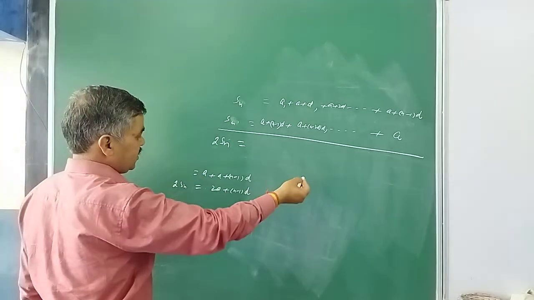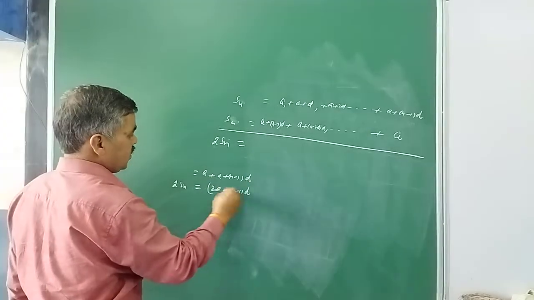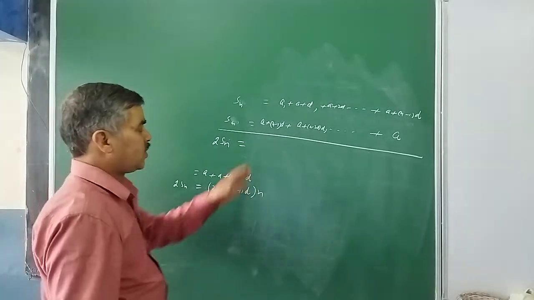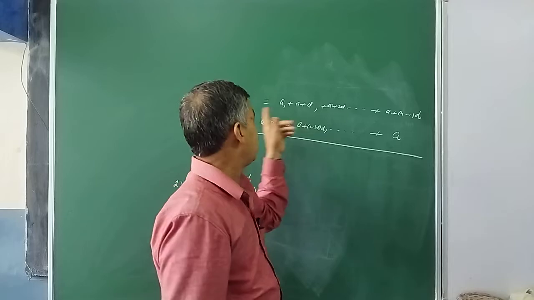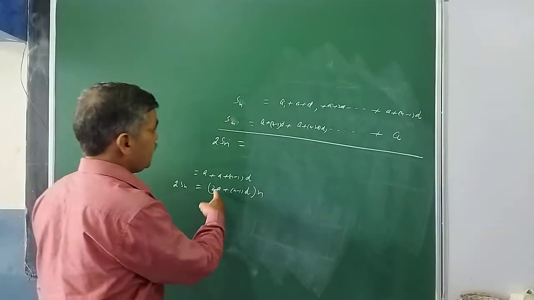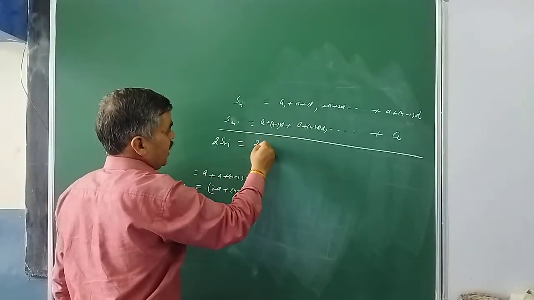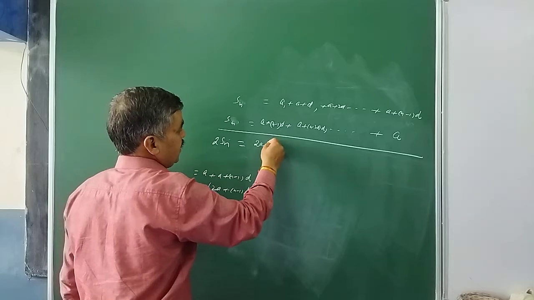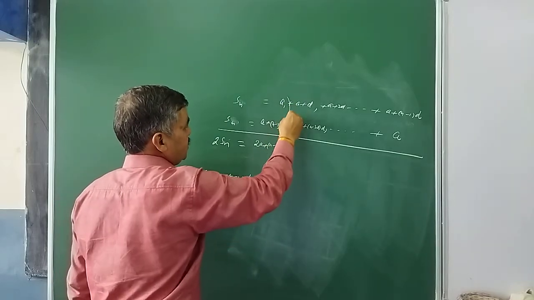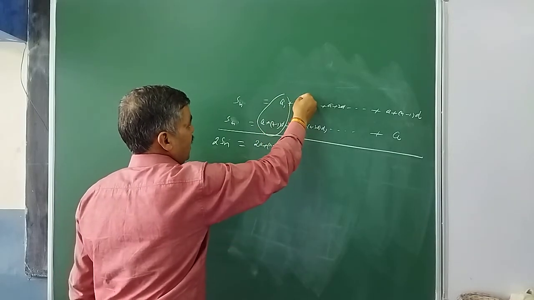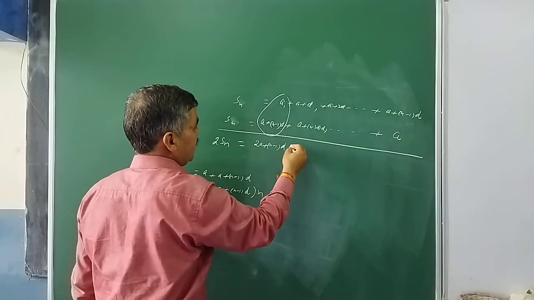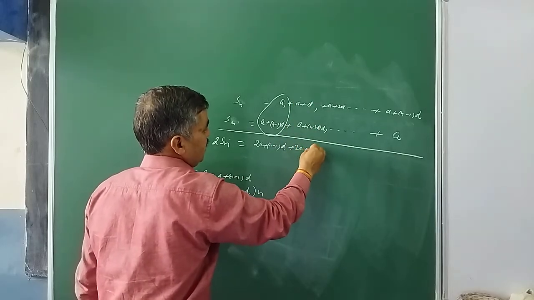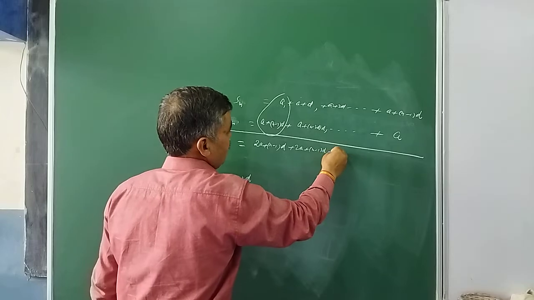How many times? This was n times, because there it was 100 times, here it is n times. You add this and you get 2a plus (n minus 1) into d, again plus 2a plus (n minus 1) into d, and so on.